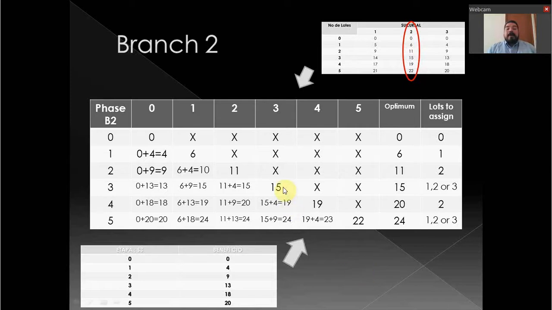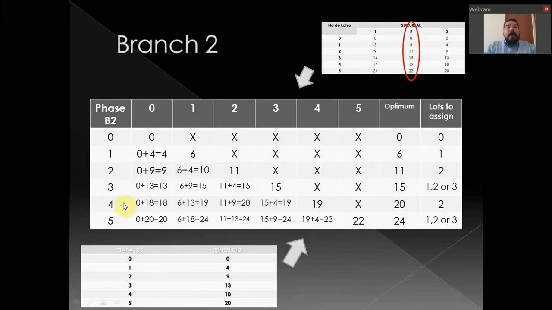And if I have 3 lots and I decide to assign the 3 lots to branch number 2, it's 15,000 pesos the benefits. I can't assign 4 and I can't assign 5 because I only have 3. So the optimum value is 15,000 pesos, and this will present when I assign 1, 2, or 3 lots to branch number 2. So I have 3 options in this case.